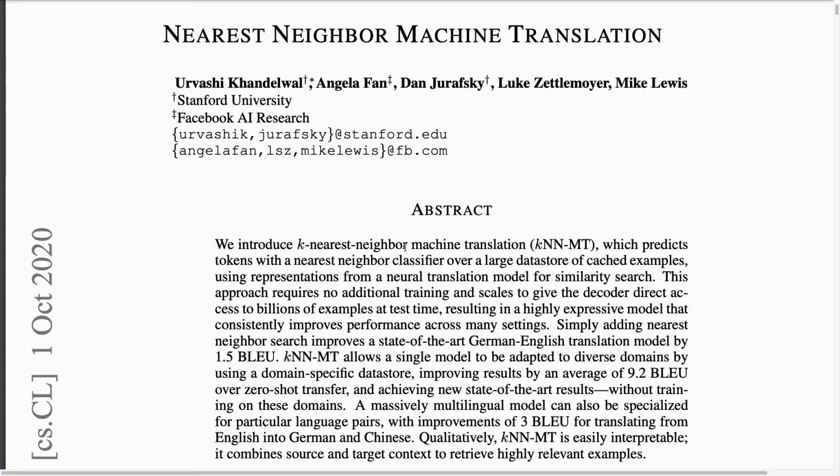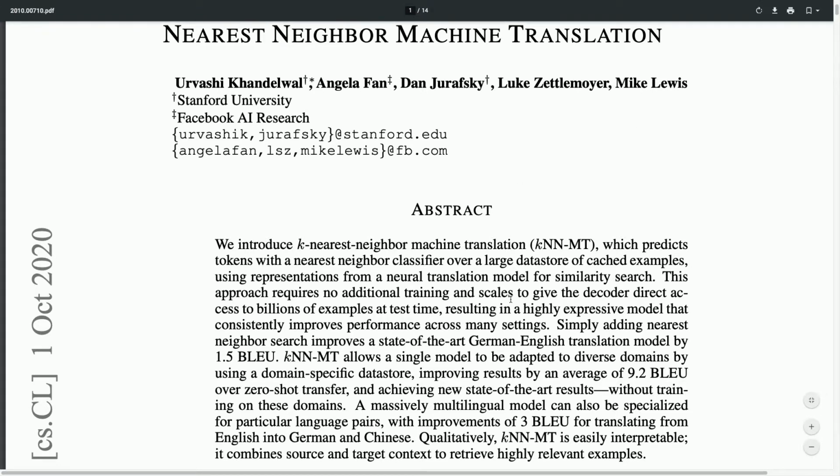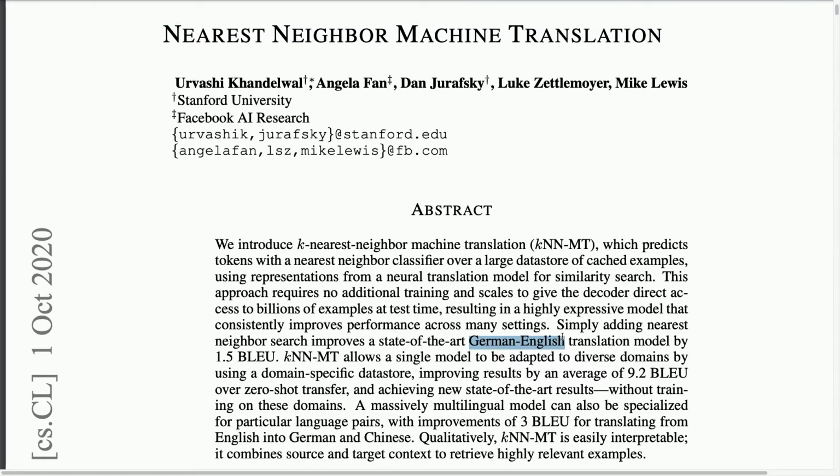This approach to integrating kNN into neural machine translation leads to improvements in a wide range of scenarios. For example, it's effective for high-resource translation. On the German to English WMT task, the authors get a 1.5 BLEU improvement, which is state-of-the-art.